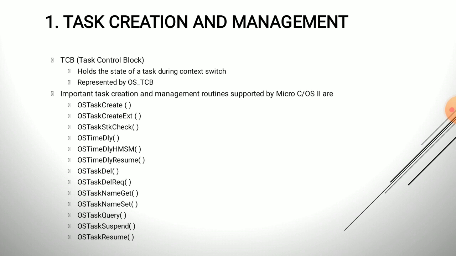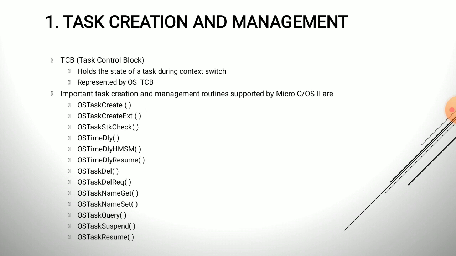Then OS task query function retrieves the information about a task in a TCB, that is task control block. OS task suspend function. By using this function, it's possible to suspend or block a task from execution. On task suspension, the kernel reschedules the next highest priority task for execution.